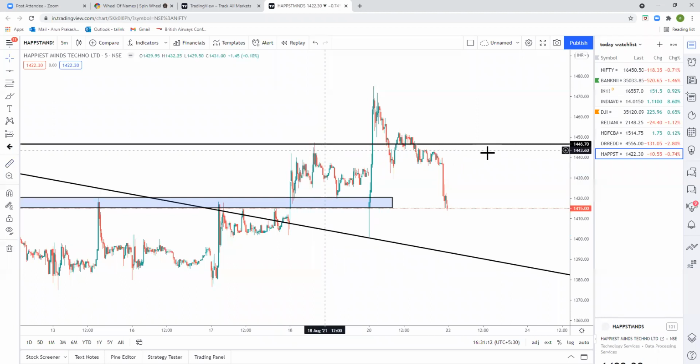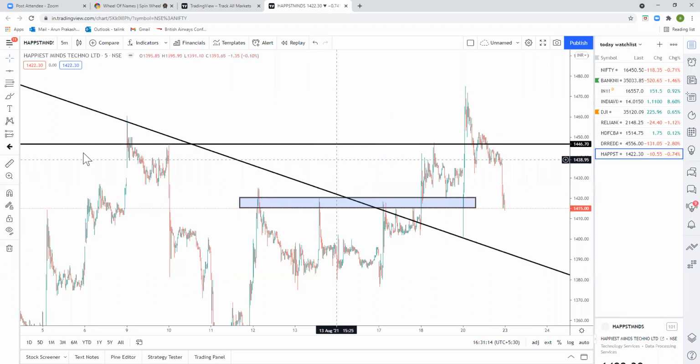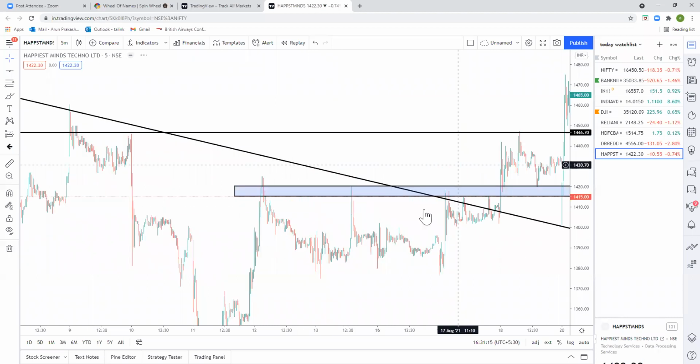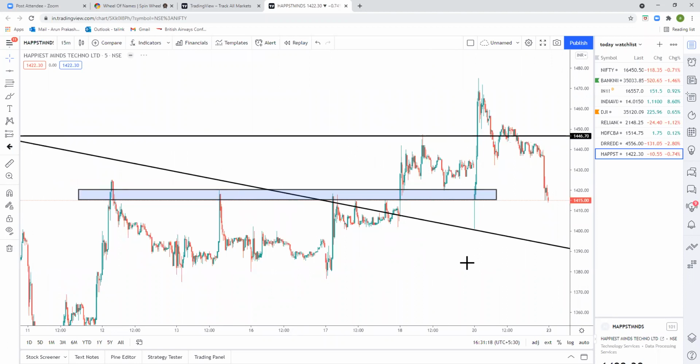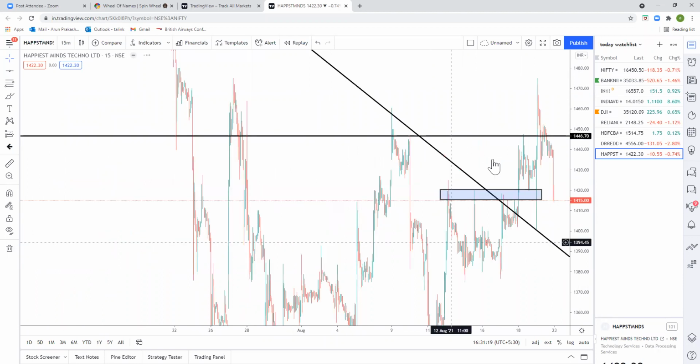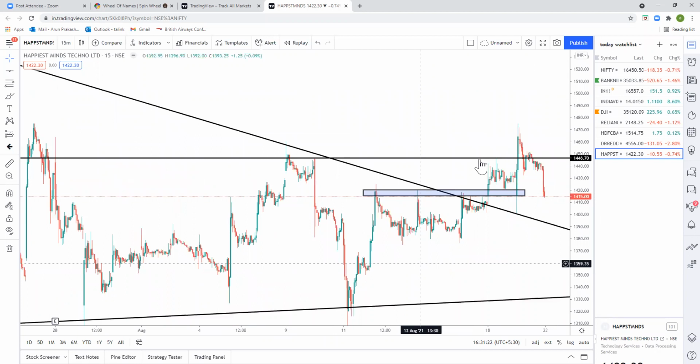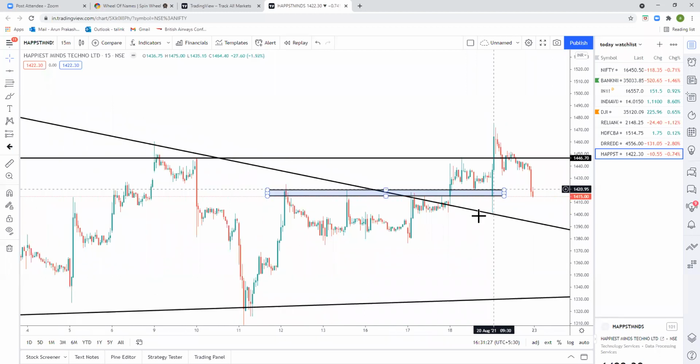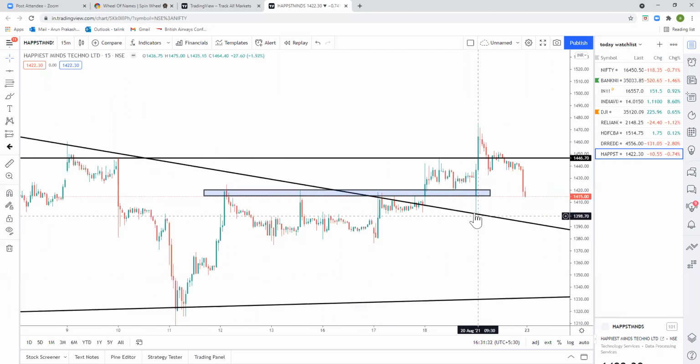For intraday, you need to have these resistances plotted because this is your previous resistance, right? The stock can take resistance here. So it came down here again. See, this was another retest. If you have drawn that trend line perfectly, this was another retest and it shot up.